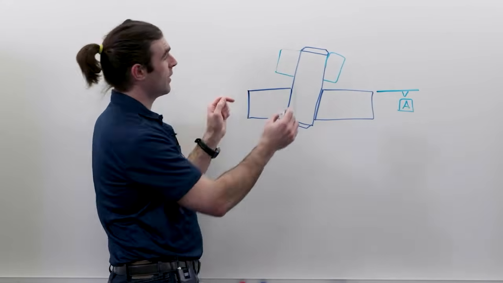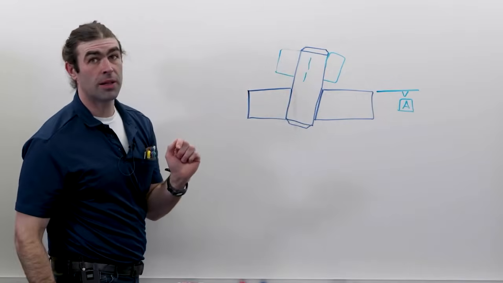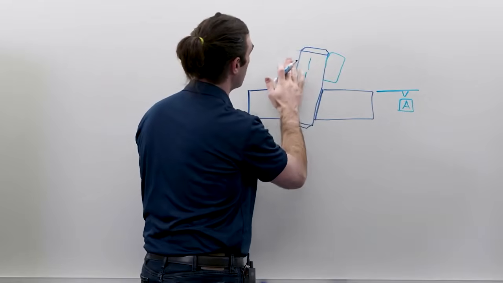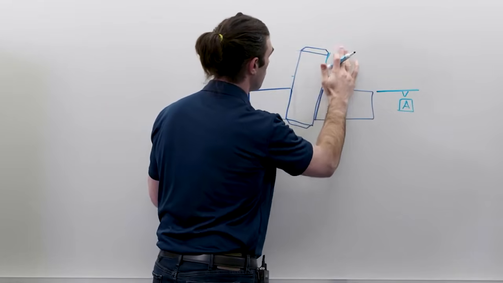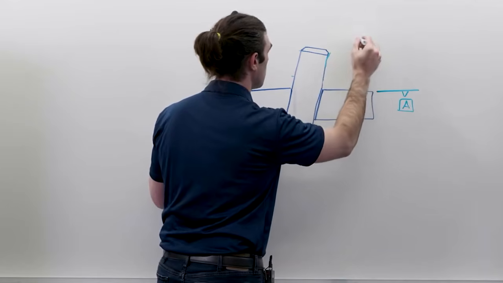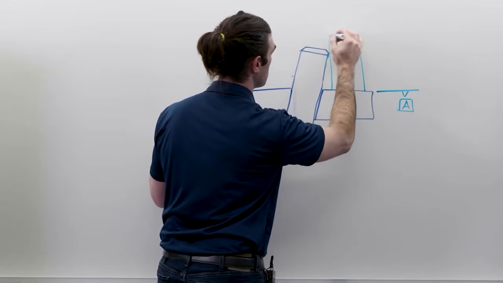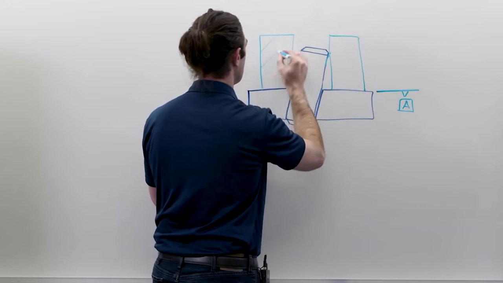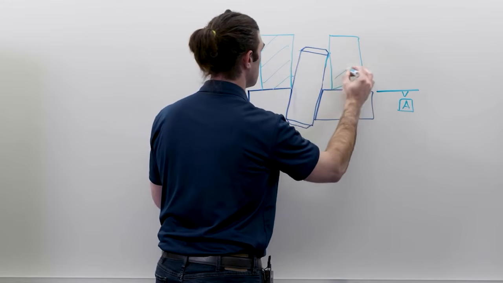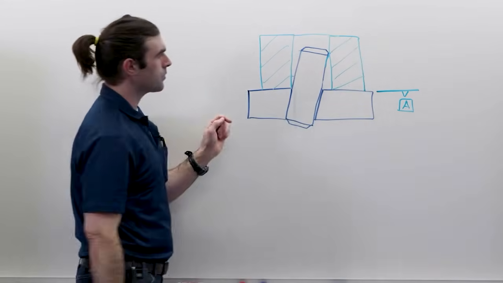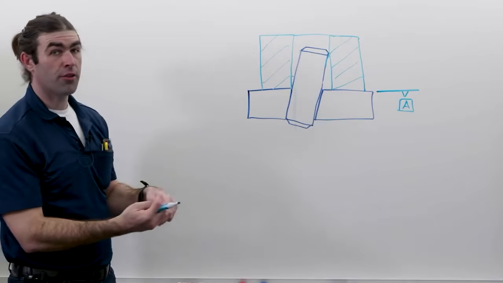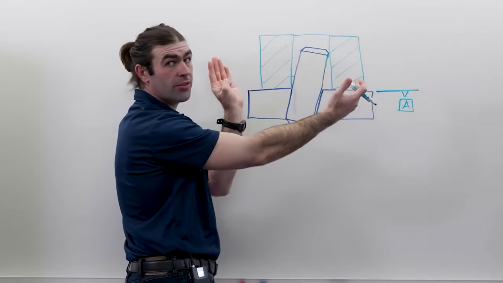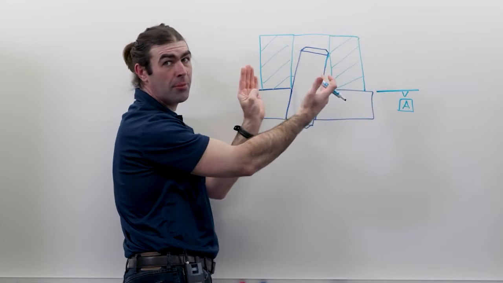So if we just slid a ring gauge over this, the axis of the ring gauge would be about right there. But that's not what we're doing. This would be the unrelated actual mating envelope. The related actual mating envelope needs to stay in contact with datum A. So imagine you've got a cylinder sitting on datum A and it's collapsing.